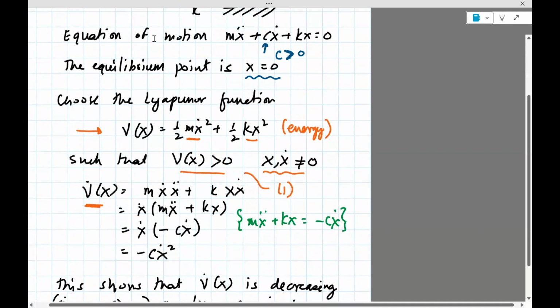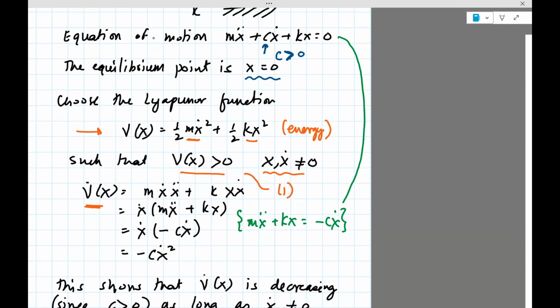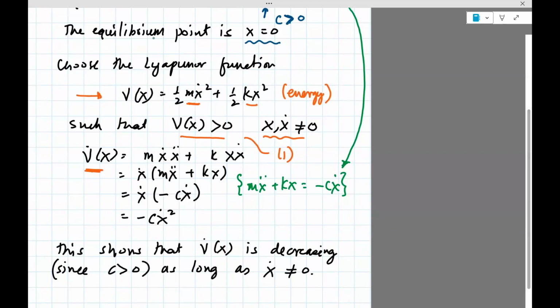Where did I get this from? It's from this equation. I just moved the c x dot to the right side. So when I move that, I get minus c x dot squared, which is what V dot of x is.